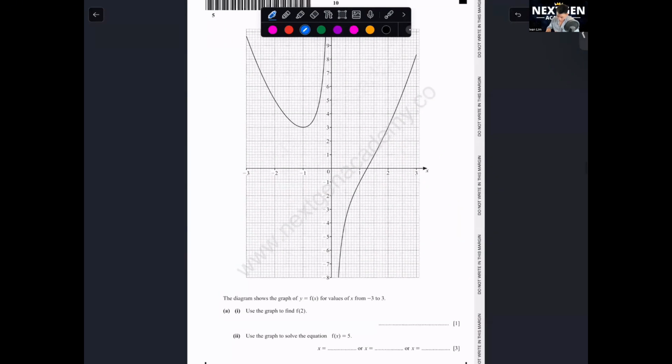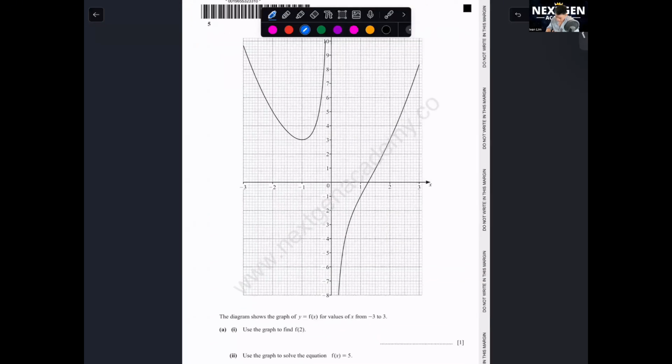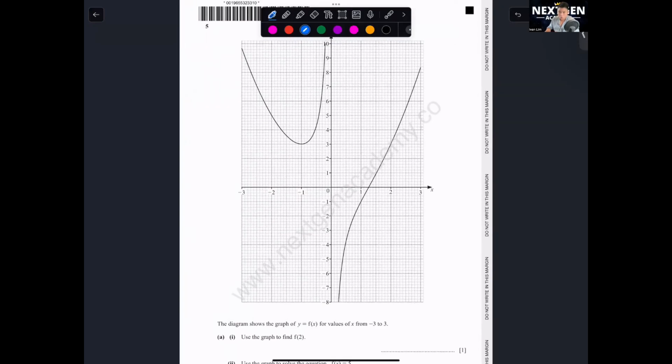It's solving of graph. The diagram shows the graph y equals f(x) for values of x from negative 3 to 3. Use the graph to find f(2). What are they referring to over here? This is x. It means when x equals 2, what is the y value? Remember, f(x) means y. So on your graph here, I want you all to see where exactly is 2.